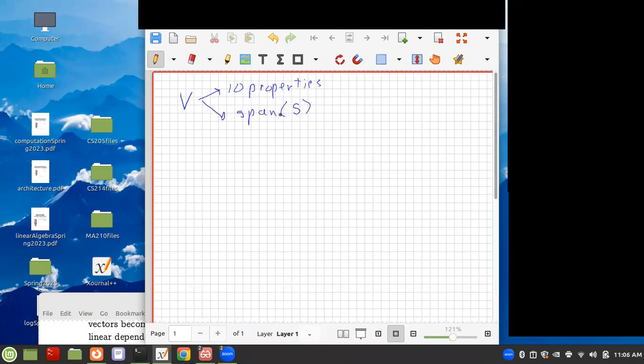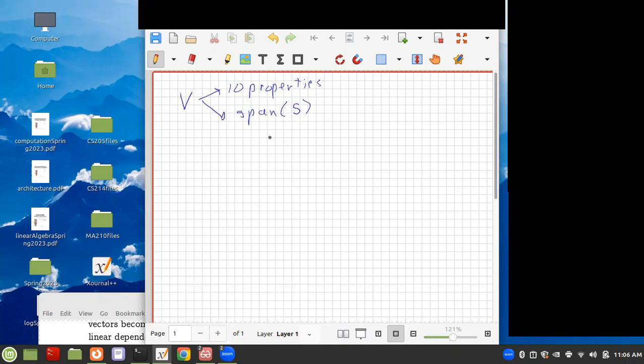If it's written as a span, just any span of S will have those 10 properties. Because you can take any vector space and write it as a span, or you take any span, it's going to be a vector space with those 10 properties. Or you take any vector space, there's going to be some set S you can write as a span.